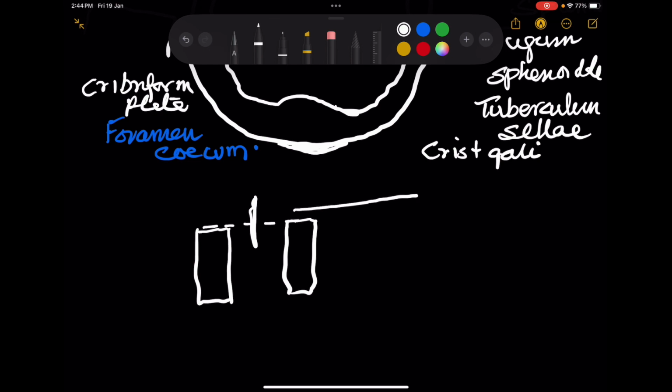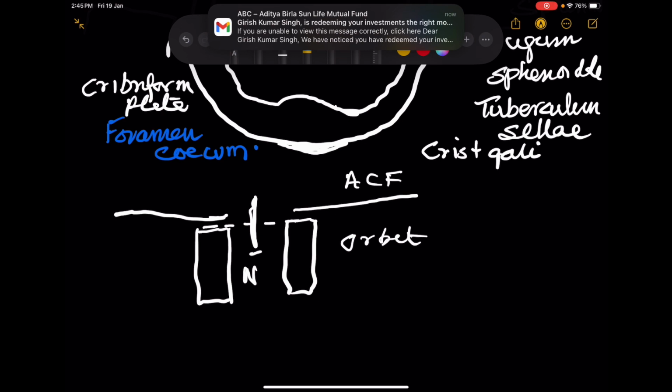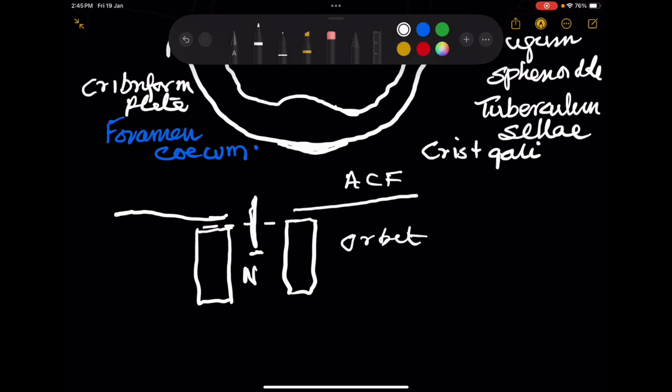And here is the orbital plate of the frontal bone. So here you will have the anterior cranial fossa, here you will have the orbit, and here you will have the nose. And this is the ethmoid bone with two boxes hanging from the cribriform plate containing the ethmoidal air sinuses.